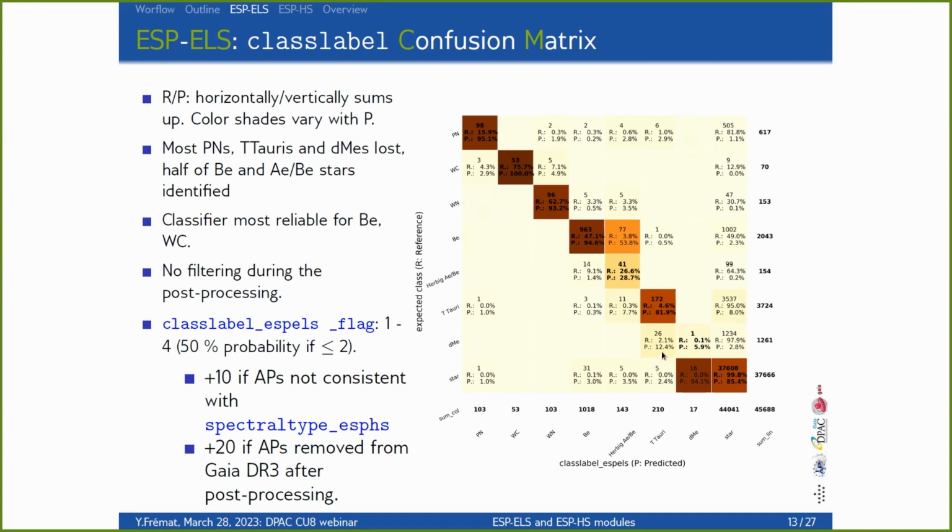And that's the case, for example, for the Herbig Ae/Be stars, which, as you can see, can be mixed up with B stars or T-Tauri stars. While T-Tauri stars can also be mixed up with M-type stars, because some of these occupy the same place in the HR diagram.